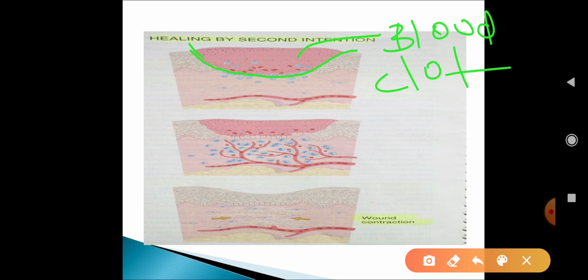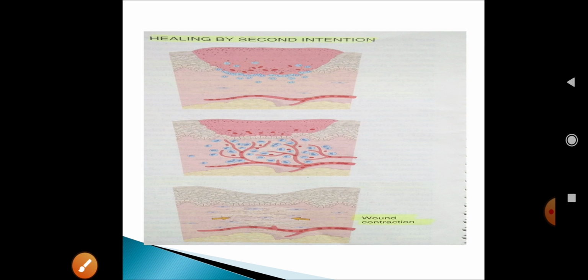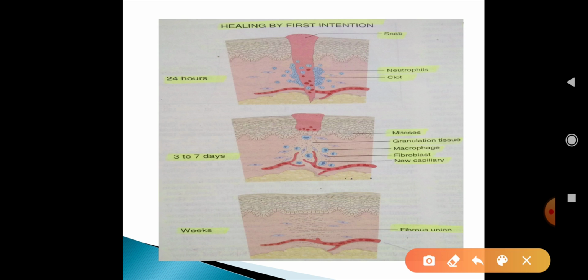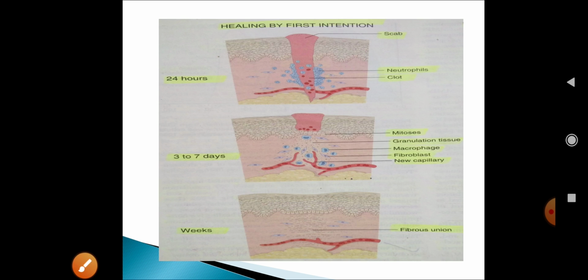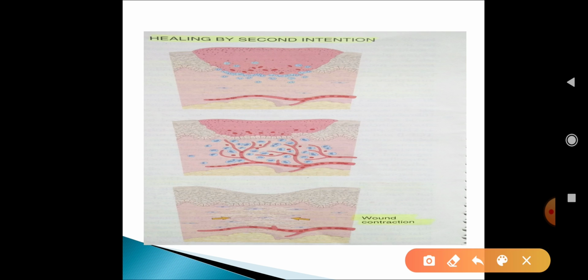Now what happened? Just see, after 3 to 7 days there is abundant granulation tissue in the secondary intention. Just compare the figure. Here the granulation tissue is less, but see here the granulation tissue is much higher. Clear? And you can see many inflammatory cells. Here there is recruitment of many macrophages, chronic inflammatory cells, right?